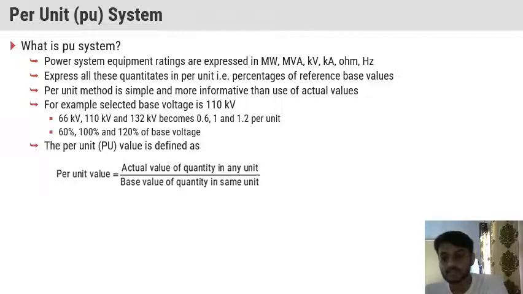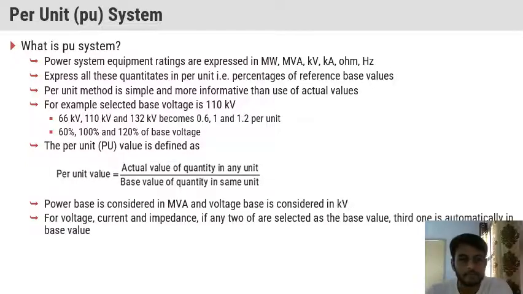This is the very important thing: both parts of the division, upper and lower, should be in the same unit. If the actual value is in kilovolts, then the base value must also be in kV, and then we get the actual per unit value.